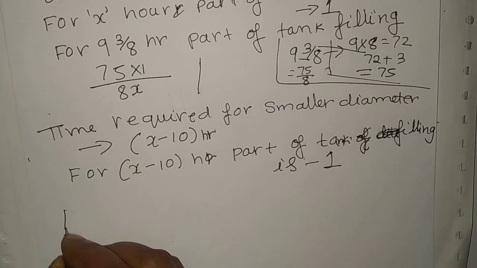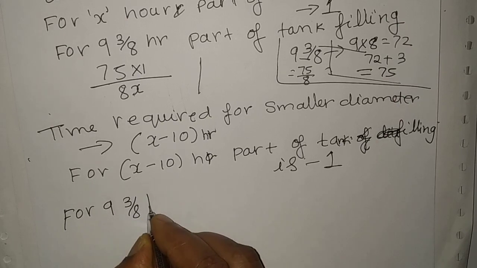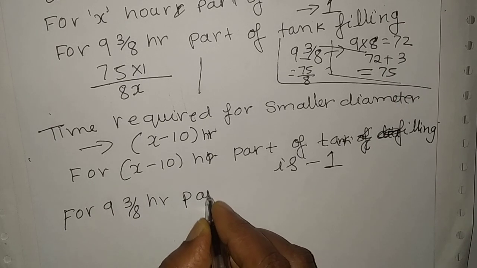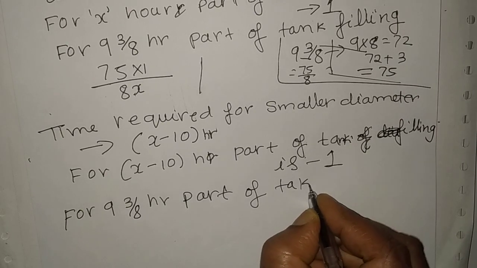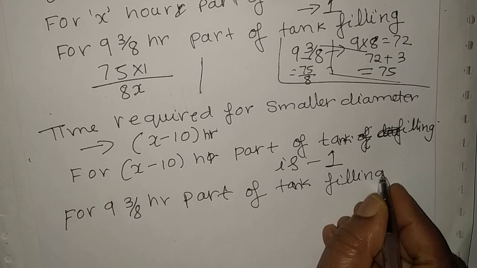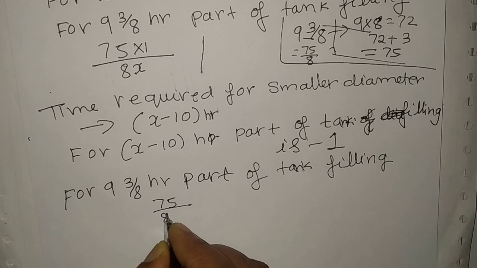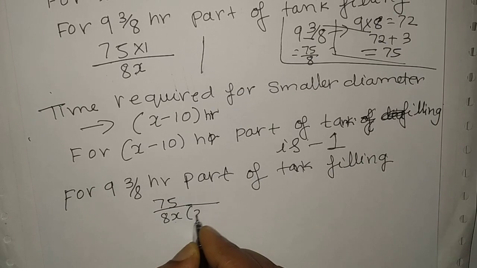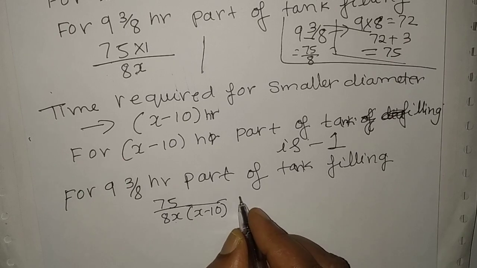Next again for the same thing, 9 3/8 hours, part of tank filling is the same thing, 75/8x into how much? x minus 10. So x minus 10 part.